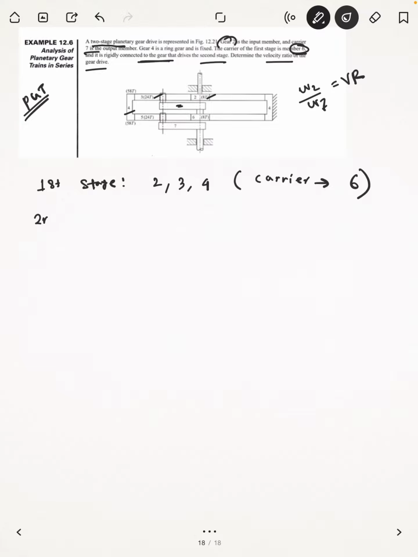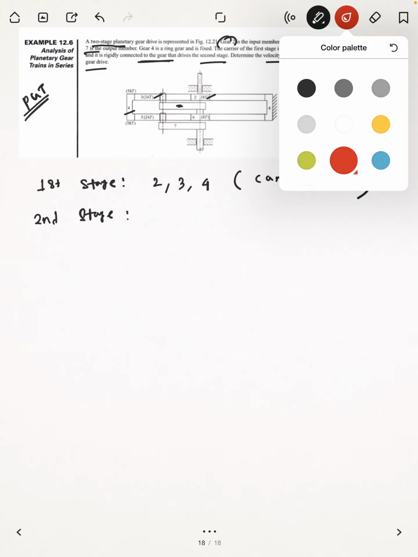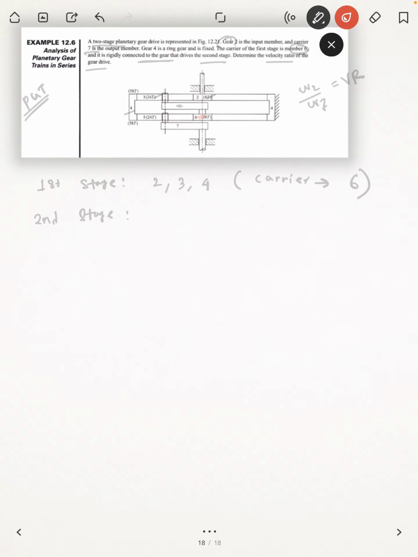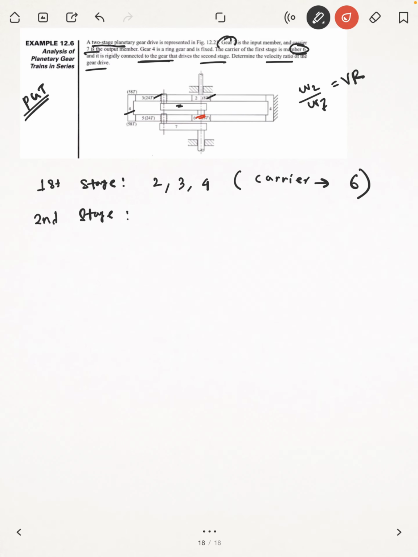And the second stage, if I use a different color, in the second stage we have gear number 6, gear number 5 and gear number 4.